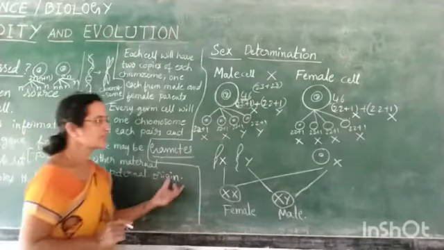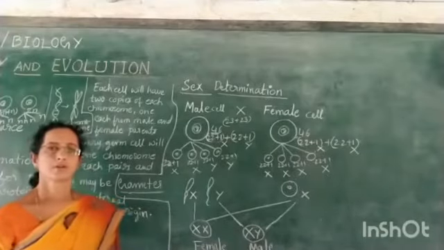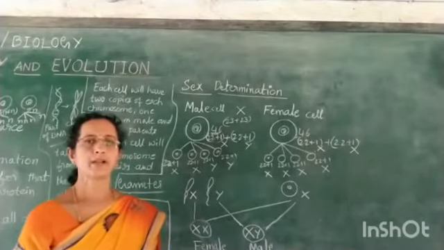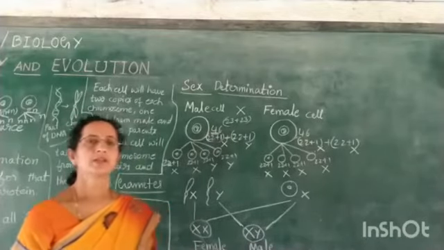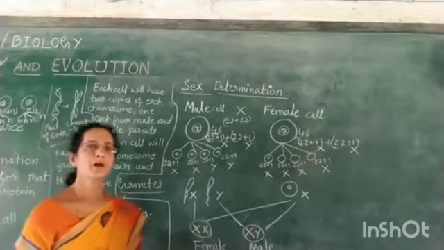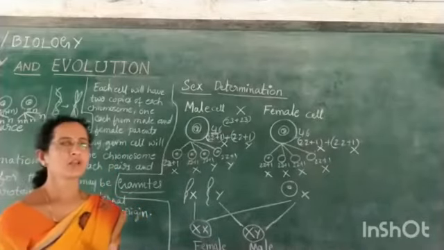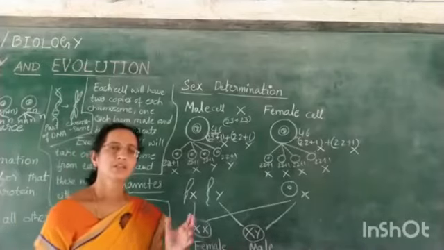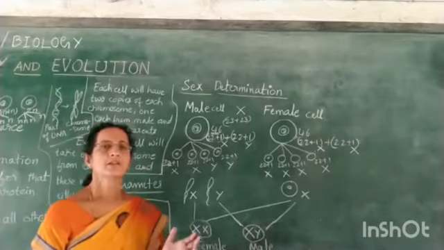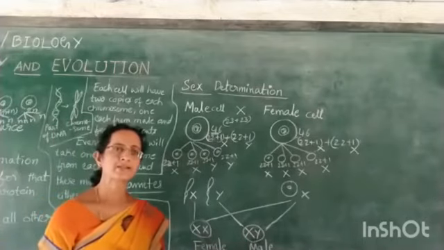Here we can see an example of a human being. From Mendel's experiment, we learned that in the pea plant there will be a male reproductive part and a female reproductive part, where the reproductive cells consist of genetic material which codes for particular characters of the plants.